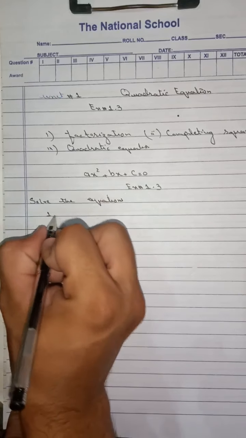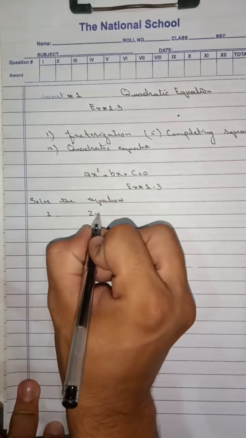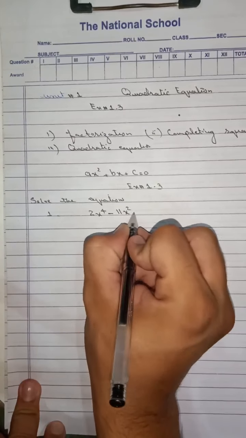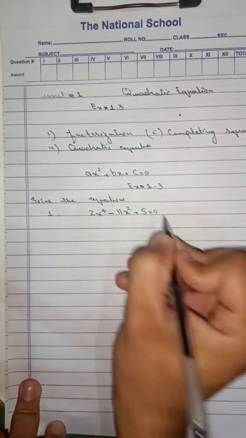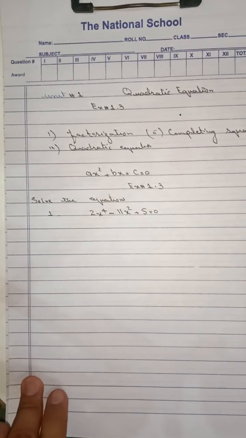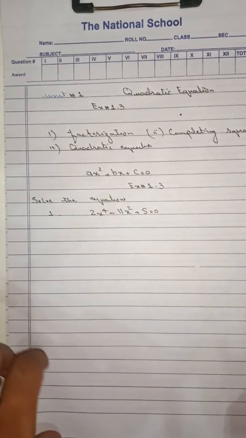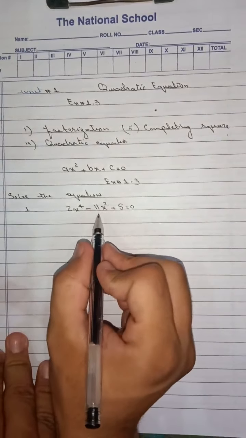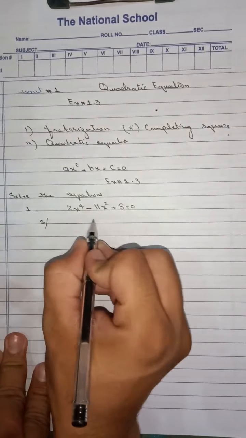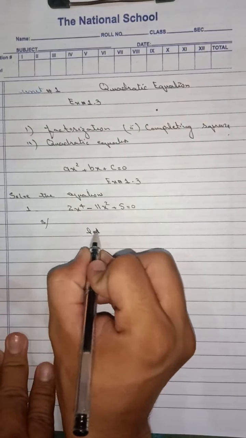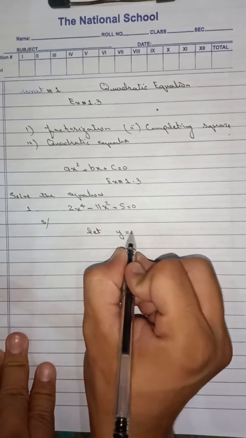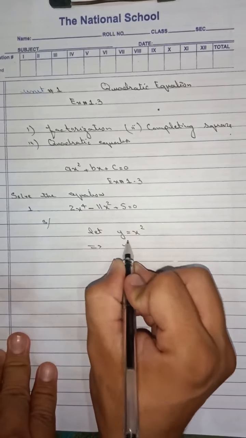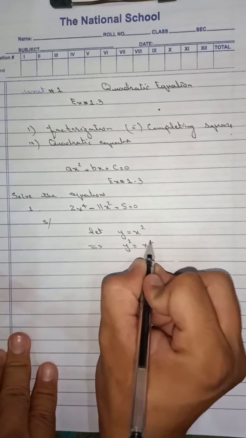The first question is 2x power 4 minus 11x power 2 plus 5 is equal to 0. As we just solved the example, we understand the example, it is similar to it. See, the power is 4. So to reduce its power, we let y equal x square. This will imply, taking square both sides, y square will be x power 4.